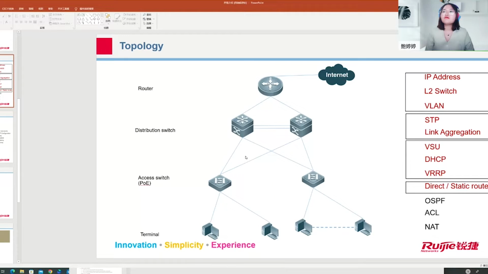For all the different sources of routing, we will select according to the AD, the administrative distance, and we will select the best one and then add it into the routing table. By default, the static routing AD value is 1.